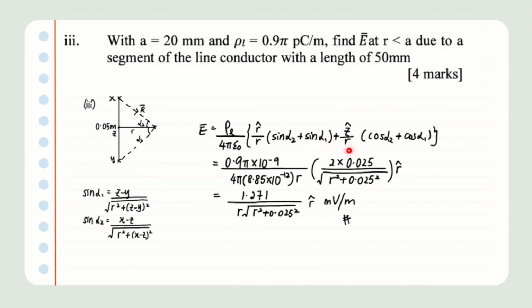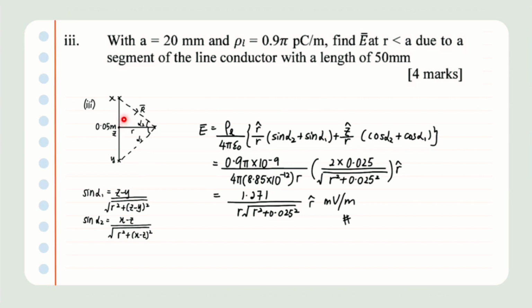And for this part, we assume it as 0 since the direction of z is parallel to the direction of line charge. Hence there is no electric field, because the direction of electric field must be perpendicular to the line charge. And after that, we can see here that the value of 0.025 is equal to z minus y and also x minus z.